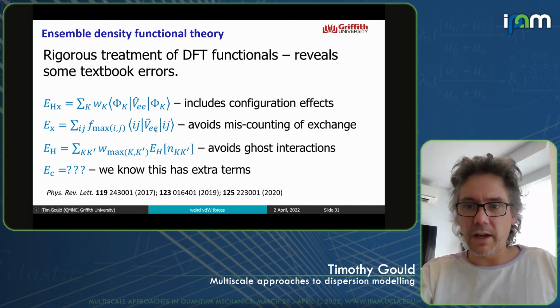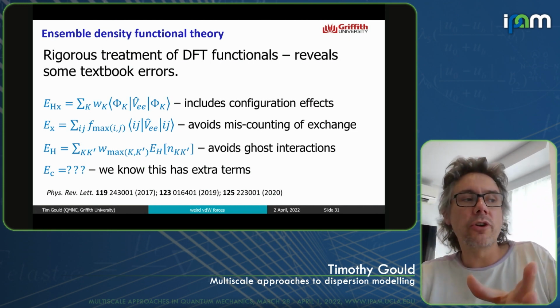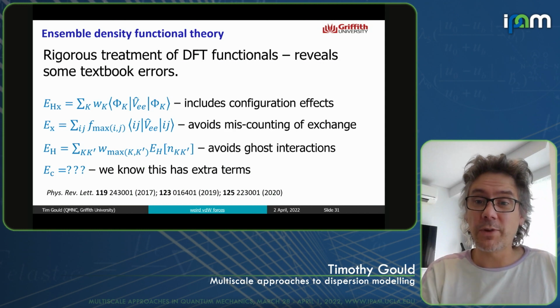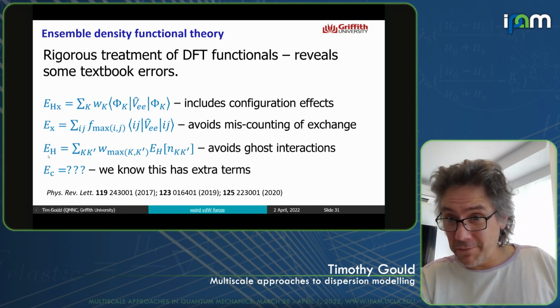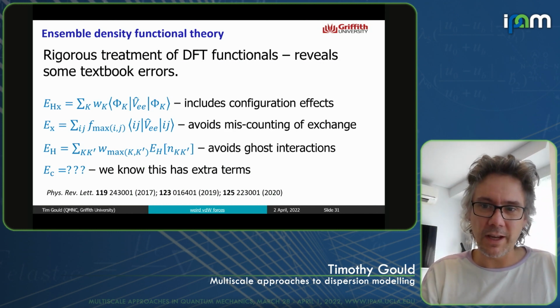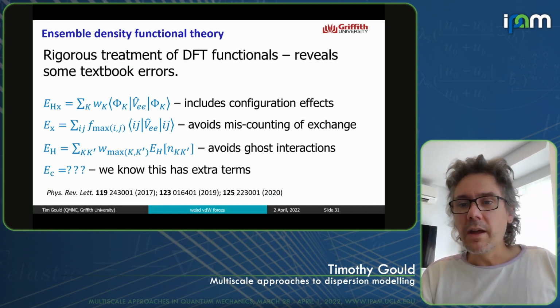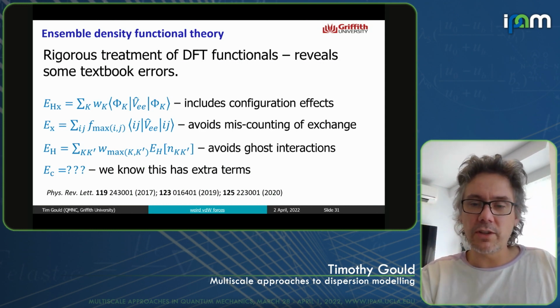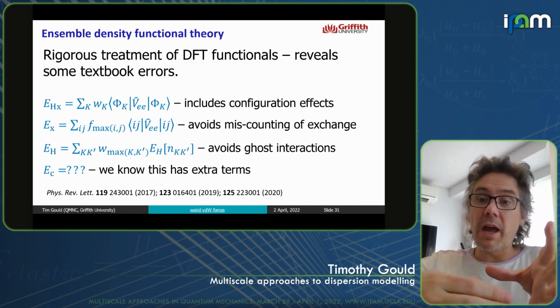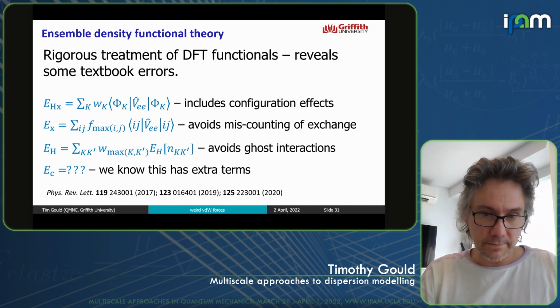Exchange, how do we define exchange? Well, we define exchange as the non-mean field part from a fluctuation dissipation theorem. How do we define Hartree? Well, that's the mean field part of the fluctuation dissipation theorem. So in a sense, what we're doing is replacing the usual chemical intuitions by mathematically well-defined objects.